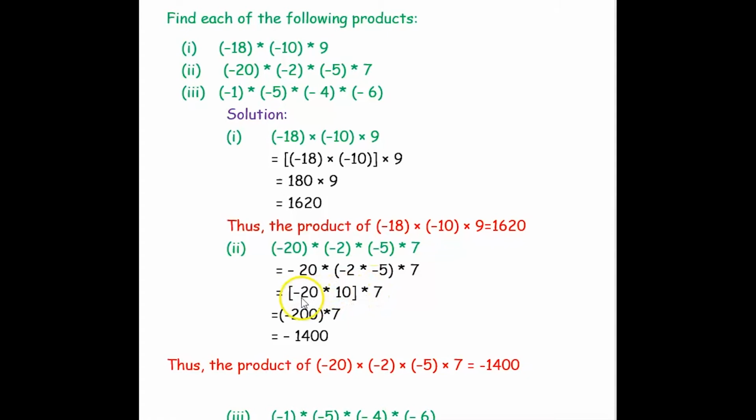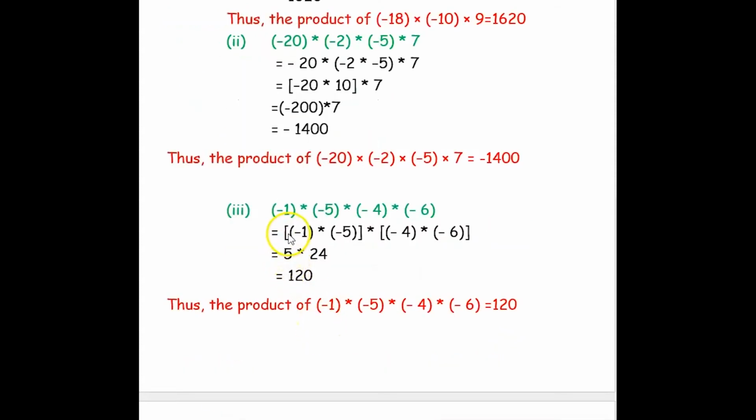So the expression becomes negative 20 into positive 10 into 7. Now we are associating negative 20 and positive 10. Negative 20 into positive 10 is negative 200. Negative 200 into 7 is negative 1400. So the product of negative 20 into negative 2 into negative 5 into 7 is negative 1400.